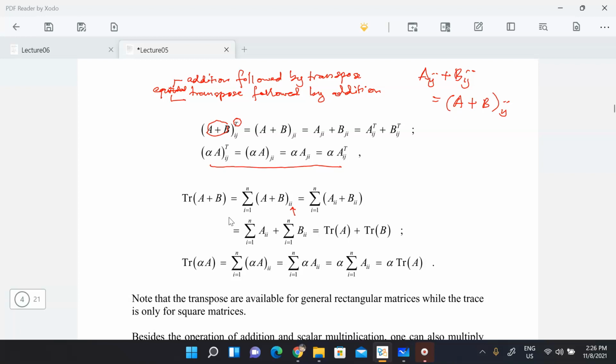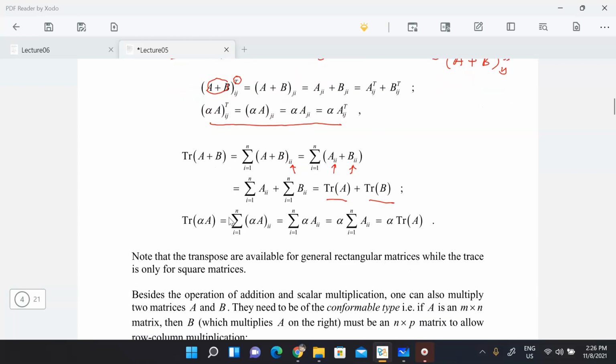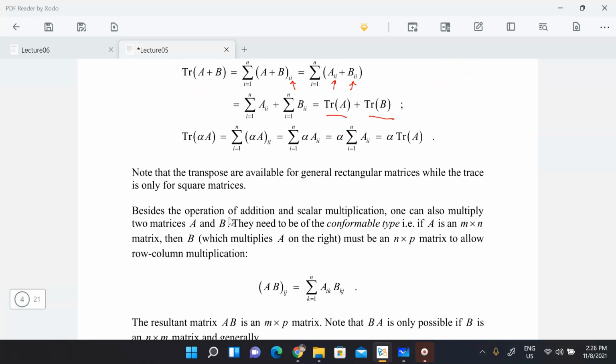So the diagonal elements of A plus B equal the addition of the diagonal elements of A with the diagonal elements of B. Then you can separate the sum, so that corresponds to the trace of A and the trace of B. Again, the scalar multiplication is much simpler, so I don't want to go through it too much. So that looks good.